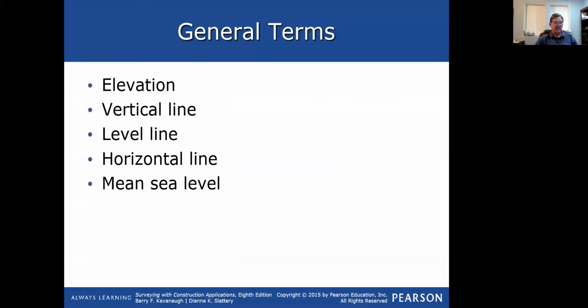An elevation is the height of something above a datum line. And the datum line, as you see at the bottom, once meant mean sea level. Everything was once measured from mean sea level. It doesn't have to be. The elevations can be assumed.